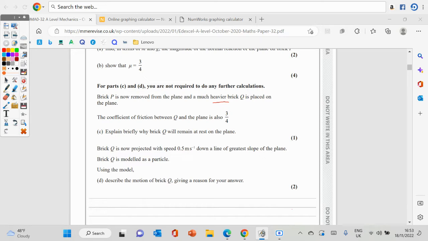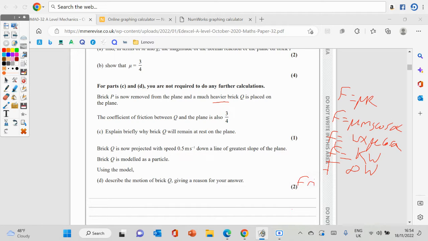In general, if you thought about it a little bit, we know that the frictional force has got to be equal to mu times the normal reaction. Now, if you write in what we know, you get mu mg cos alpha, don't you? Now, mg is literally just the weight, so this is just W times mu cos alpha. So the frictional force is k times W, i.e. the frictional force is proportional to the weight.